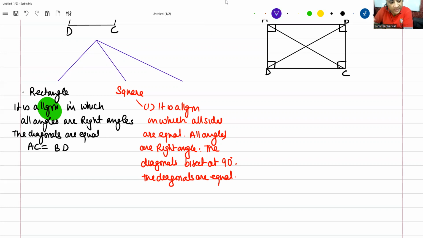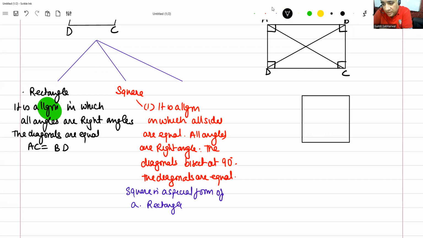So we can actually say that a square is a special form of a rectangle. Why do we say so? Just note it, please. Because all the properties of a rectangle prevail in case of a square as well. How? In a rectangle, opposite sides are equal, and in a square, all sides are equal.